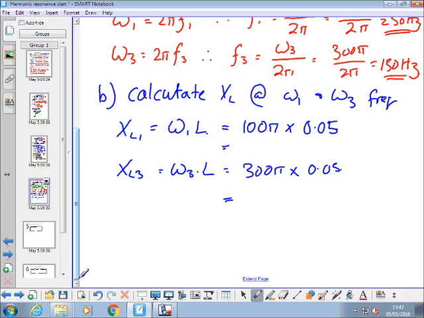Leave it in pi form at this moment in time. What have we got? 5 pi for the top one and 15 pi, 3 times it, for the second one.